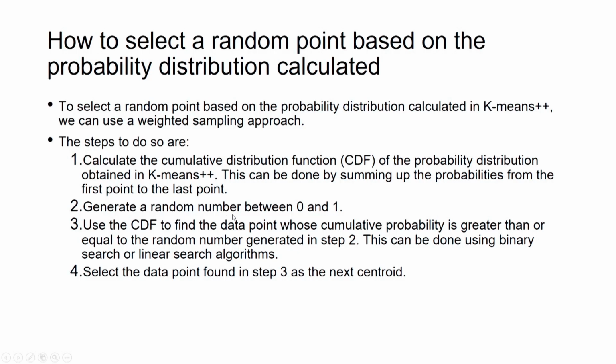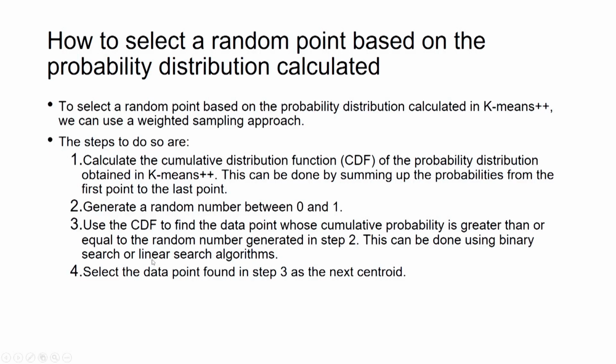We generate a random number between 0 and 1, and using the cumulative distribution function we find the data point whose cumulative probability is greater than or equal to this randomly generated number. This can be implemented using binary search or linear search, but the idea is that we want to select as the next centroid a data point that is far from the existing centroids.